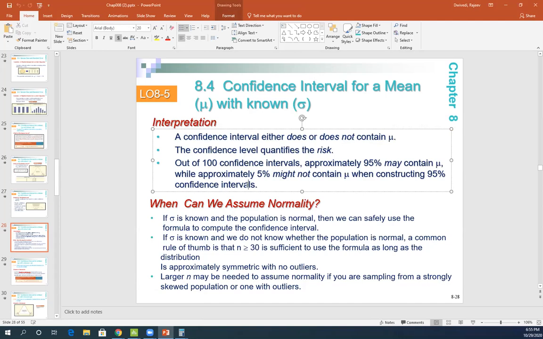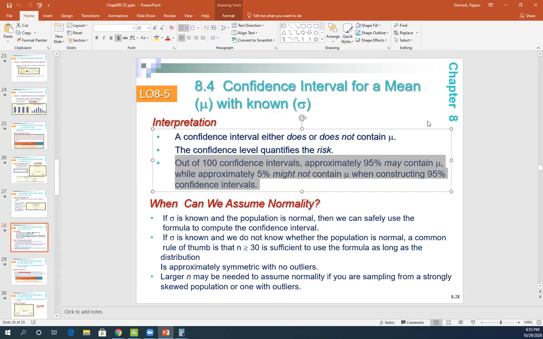So this is the meaning. Out of 100 confidence intervals, approximately 95 may contain mu, while approximately 5% might not contain mu when constructing a 95% confidence interval. Like I demonstrated, exactly the same thing in wording here.